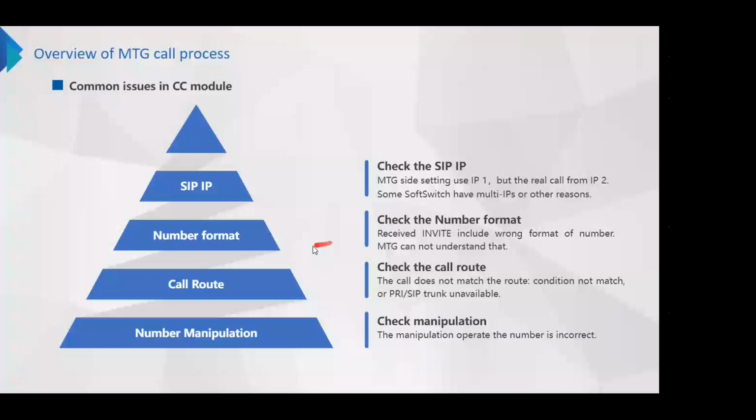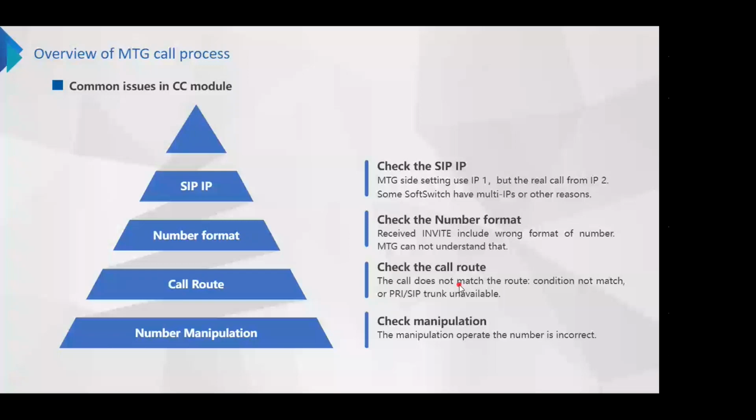Since the call is coming in already, if the number format is wrong, then the MTG still cannot understand it. So you have to make sure your number is correct. And of course, you also have to check the call routing, because call routing has a lot of conditions to determine which direction is available or not available, or routes to the right direction.